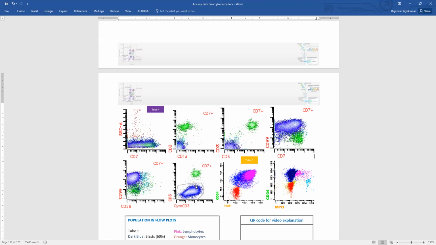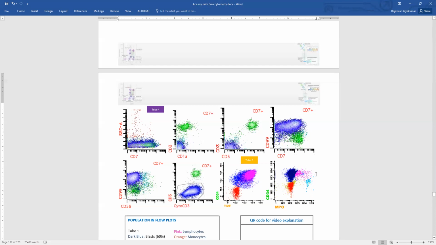So to decide that, an additional tube was performed along with MPO. We see our CD34 and TdT positive population here. Those are the immature cells, the blasts, and then we have MPO. We see that those blasts are negative for MPO, which can be seen against the normal background granulocytes, which have the bright MPO here.